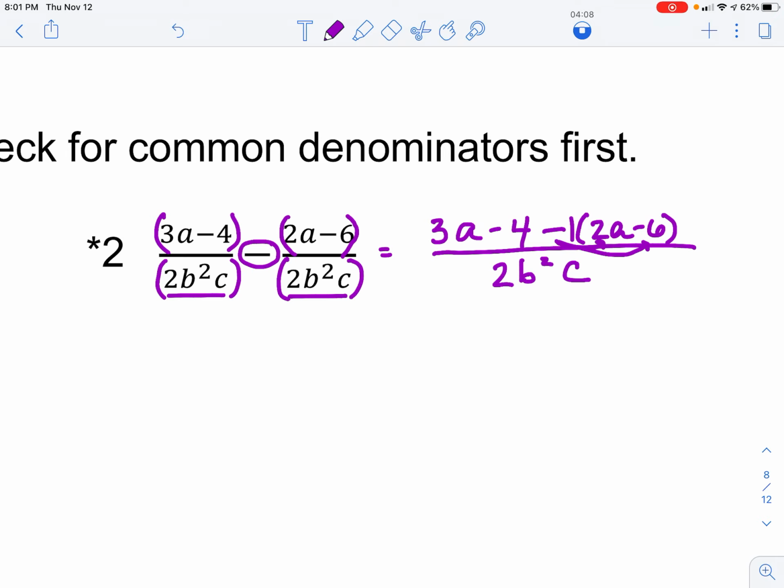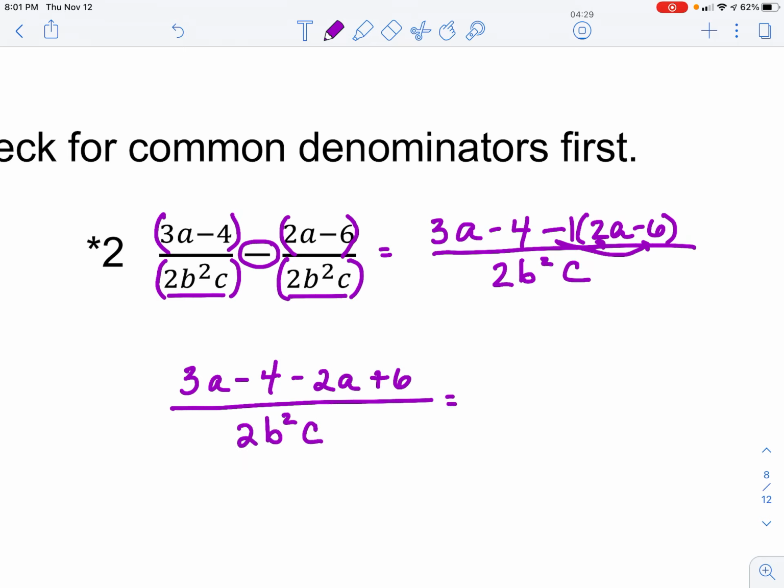Okay, because 1 doesn't change the value when we multiply, right? So it's very legal to put that 1 in there. Okay, so now I'm going to have 3a minus 4, and let's do the distributive property here. I'm going to have a minus 2a plus 6 all over 2b squared c.